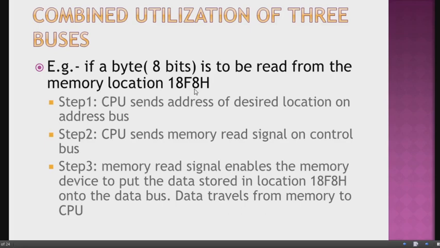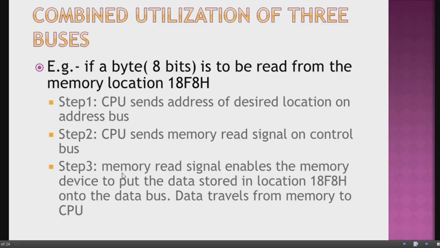Once the CPU has sent the address on the address bus, after that the CPU will send the memory read signal on the control bus. First of all, the address bus is in function. After that, the control bus is in function. Since this read operation is related to the memory location, the memory read signal is used and it is released on the control bus. And after this, the data bus will come into the picture.